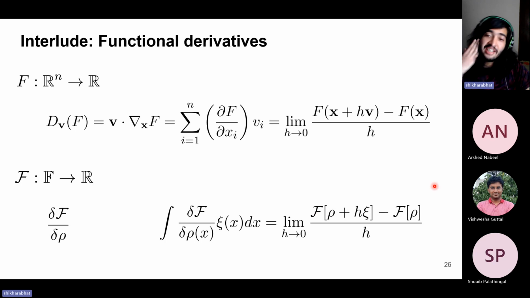And the idea is this should hold for every ξ. That is, it should be independent of the choice of ξ. Well, it need not, but the idea is ∂F/∂ρ should obey this equality always.